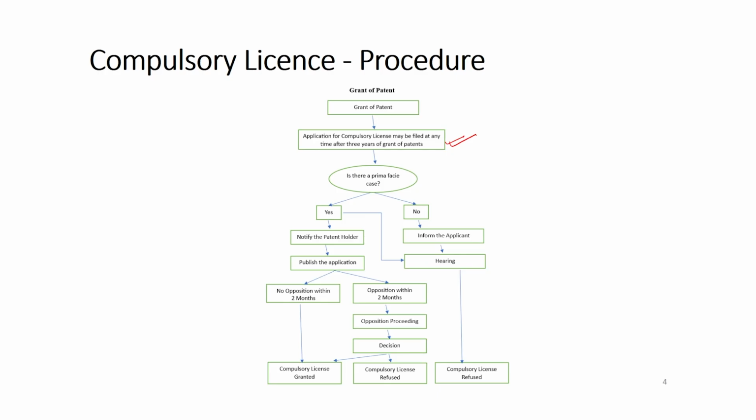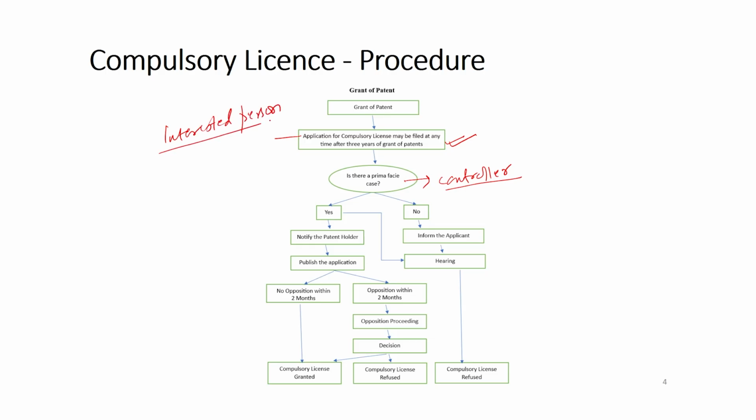The first thing which the controller has to see is, is there a prima facie case? Now, this has to be seen in the opinion of the controller. Of course, he has to make an opinion on the basis of submissions made by the applicant of compulsory license, because the applicant has to be any interested person.